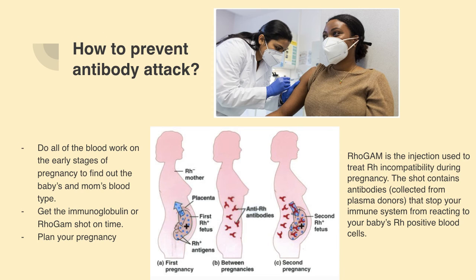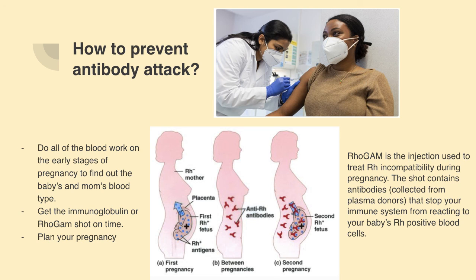The woman will receive it at 28 weeks and after delivery if her baby is indeed Rh positive. They will test that and she'll need to get that other shot within 72 hours after delivery.